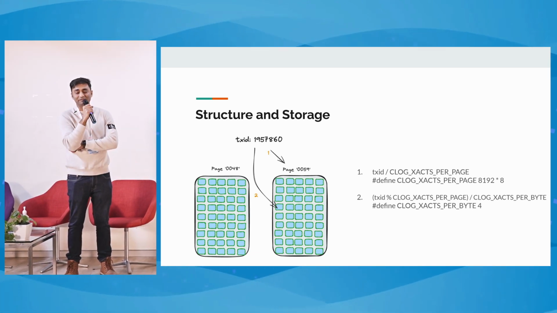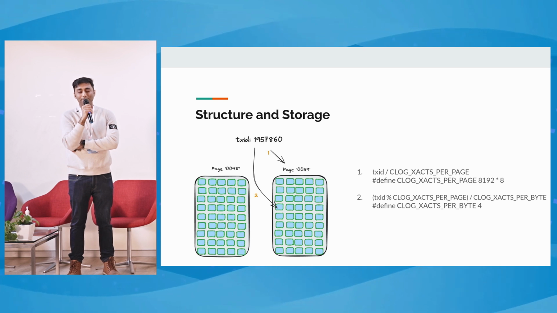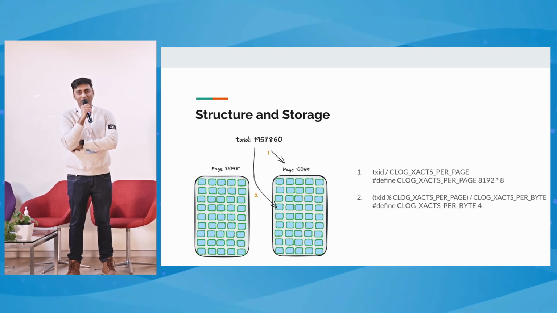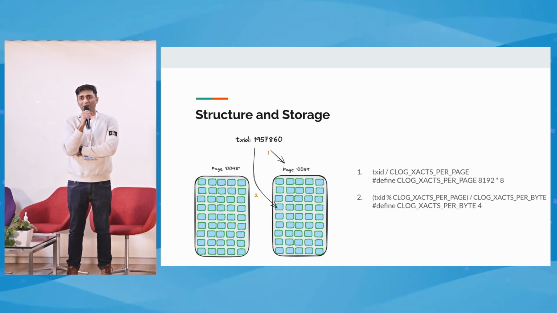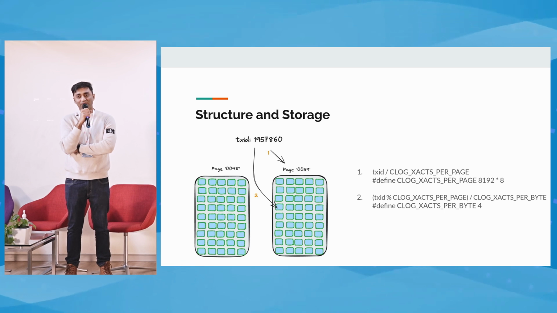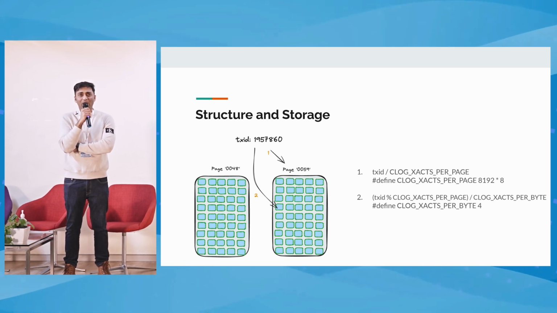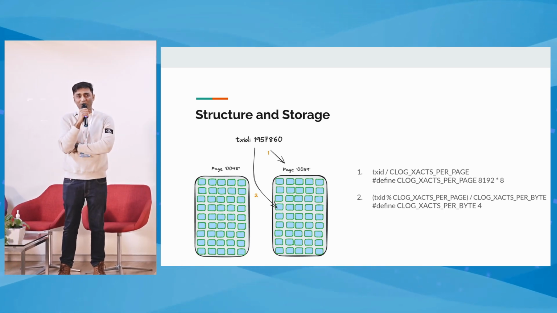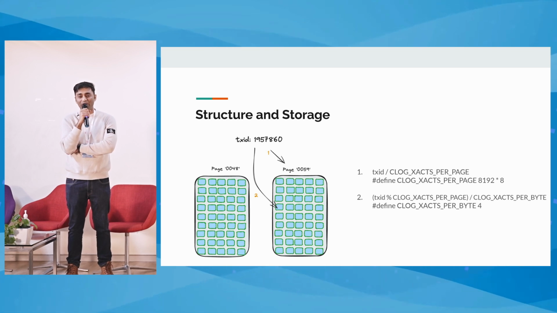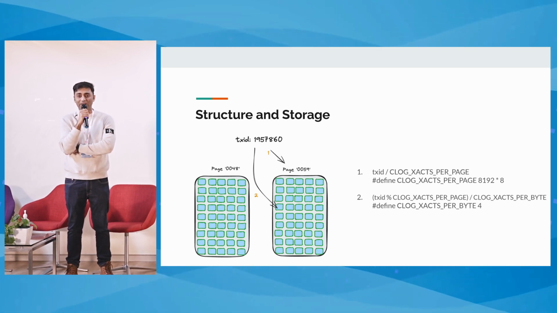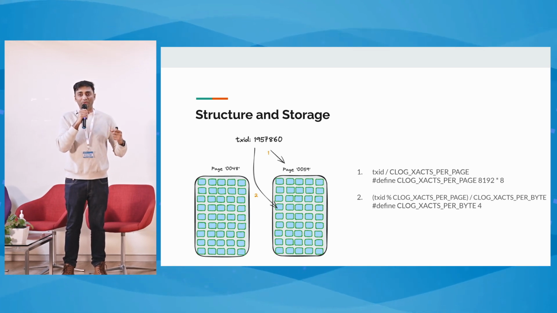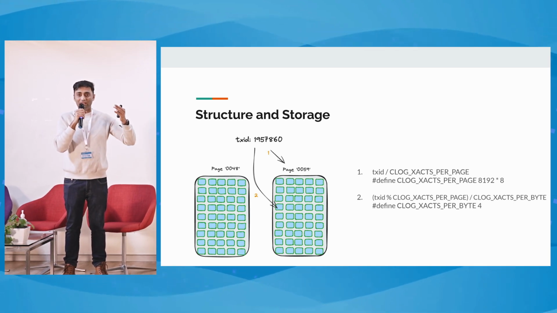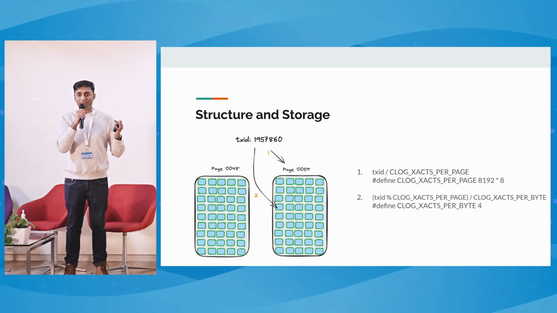Yeah, please. From within the PG kernel code, how do I get access to it? So if you want to look at the source code, the starting point should be CLOG.c. There you can find all the details about the structure and everything. If you want to start from the entire life cycle, go to the method StartupCLOG.